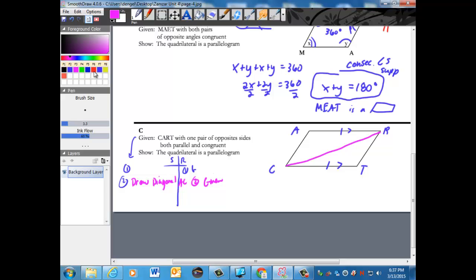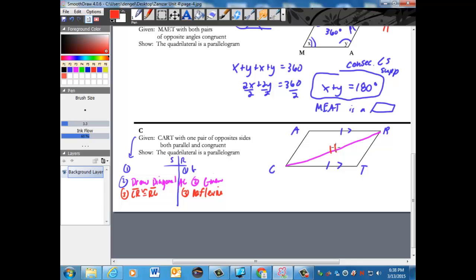Next, we want to say that by reflexive, CR is congruent to RC, and that's by the reflexive property. So let's put 2 marks on that.